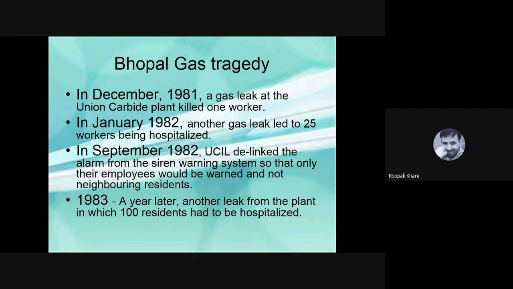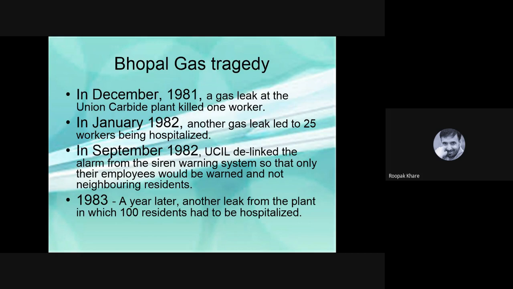There were some dangerous gases and liquids filled in huge tanks. Then in December 1984, one of those plants burst. Some gases and fumes spread all across Bhopal, and thousands of people died. And not only that night, after that, for years, we've been bearing the aftermath of the gas tragedy.